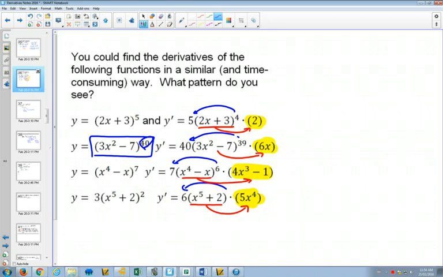The derivative of that inside function is 6x. Same thing happened with x to the 4 minus x to the 7. Outside function was to the power 7. That 7 came out in front, and I subtracted 1 from the exponent. Derivative of the inside function becomes 4x cubed minus 1. And our inside stayed the same while we did that.